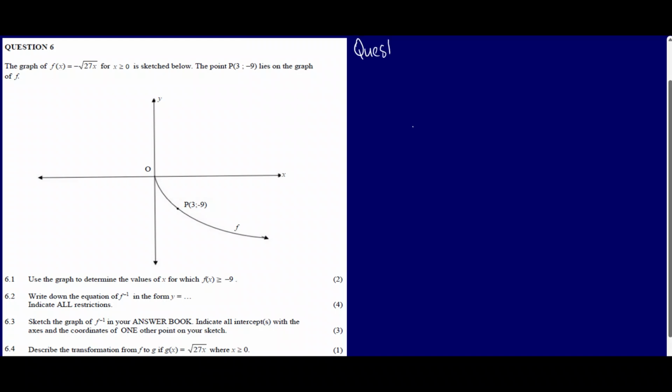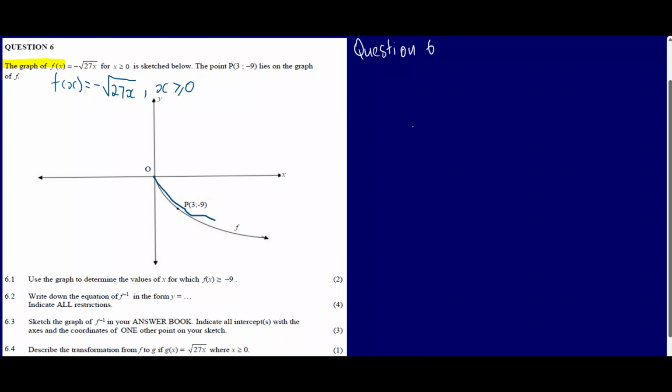So question 6. The graph of f of x, right? We're given that f of x is equal to minus the square root of 27x, and the domain of the graph was restricted to positive x values, and it's sketched there.